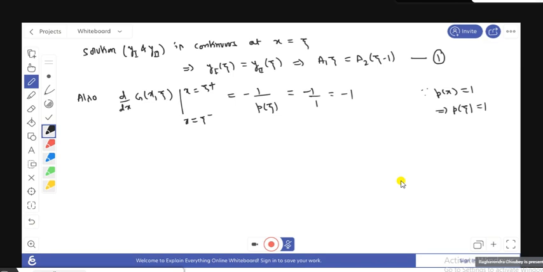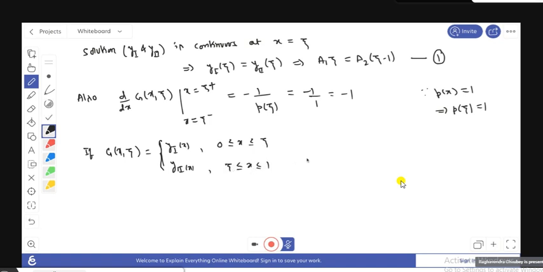Okay, so here you know what your Green's function is. g(x, xi) is defined by y1(x) when x belongs to the interval 0 to xi minus, and y2(x) when x belongs to xi plus.